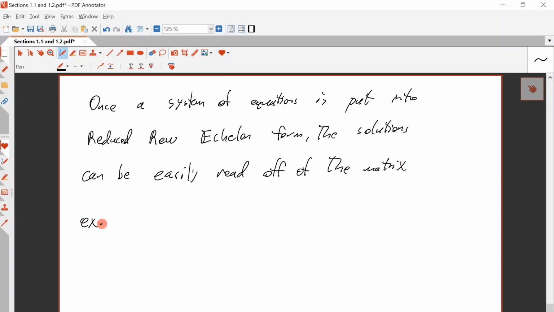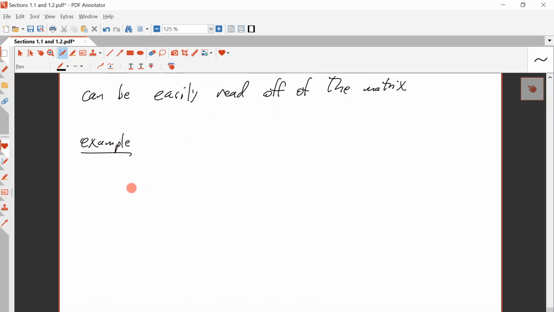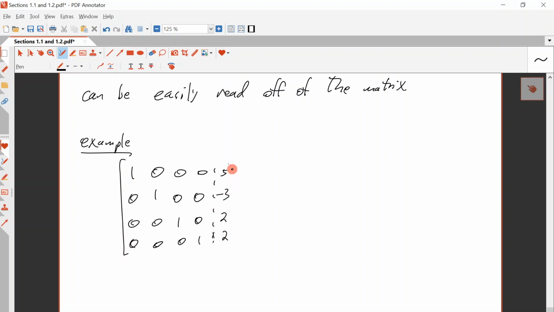So, for example, if you had a unique solution, it looks like this: 1, 0, 0, 0, 5; 0, 1, 0, 0, minus 3; 0, 0, 1, 0, 2; 0, 0, 0, 1, 2. So here we have 4 variables.